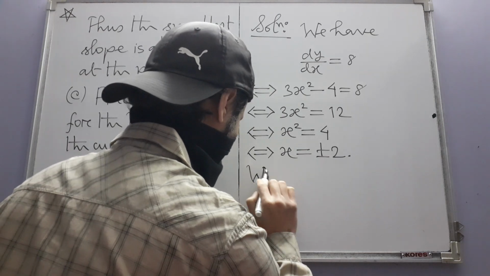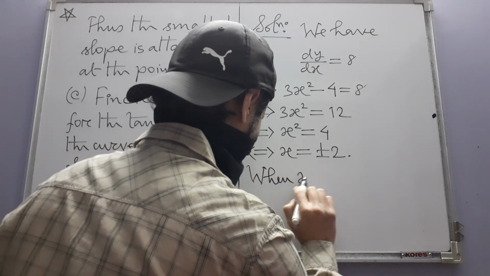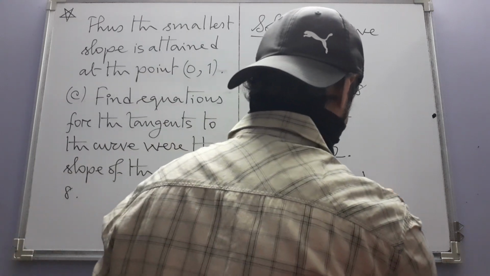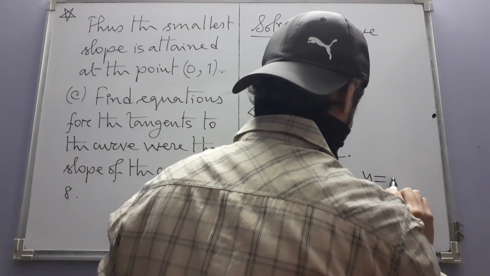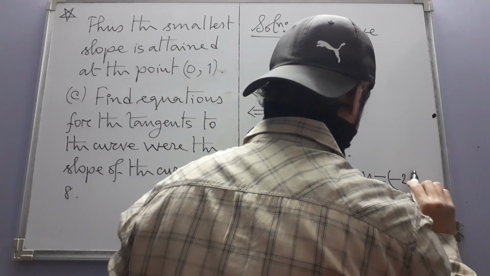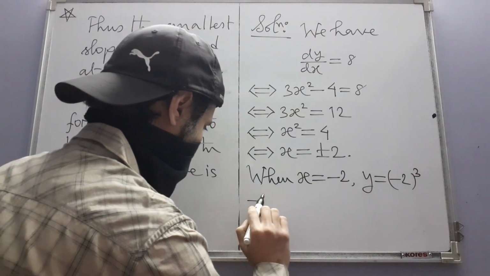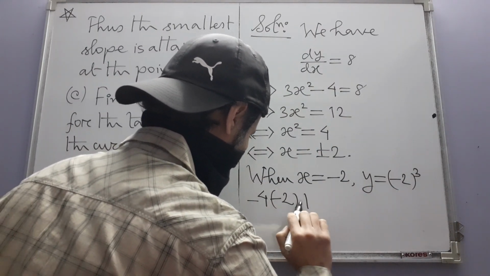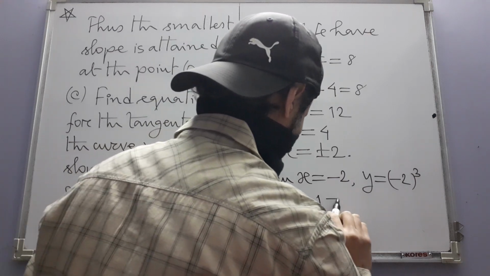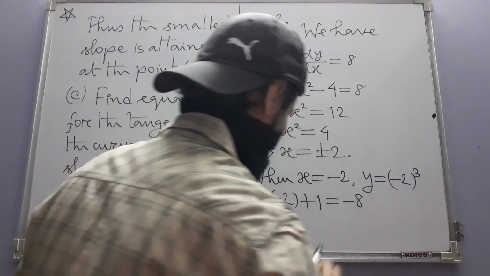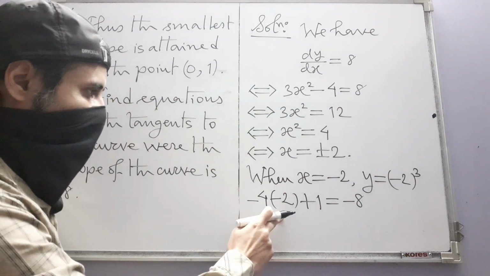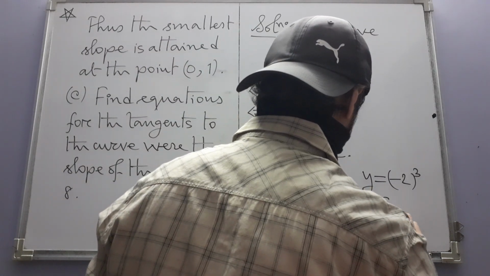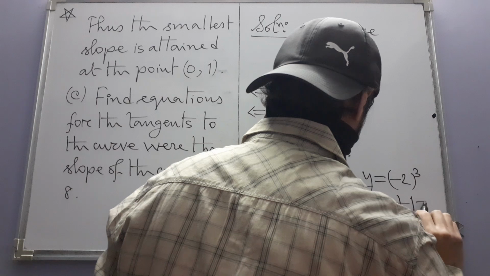When x is, let's take the negative first, minus 2, y is x cubed, that means minus 2 cubed, minus 4x, minus 4 times minus 2, plus 1. So this is minus 8 plus 8 plus 1.